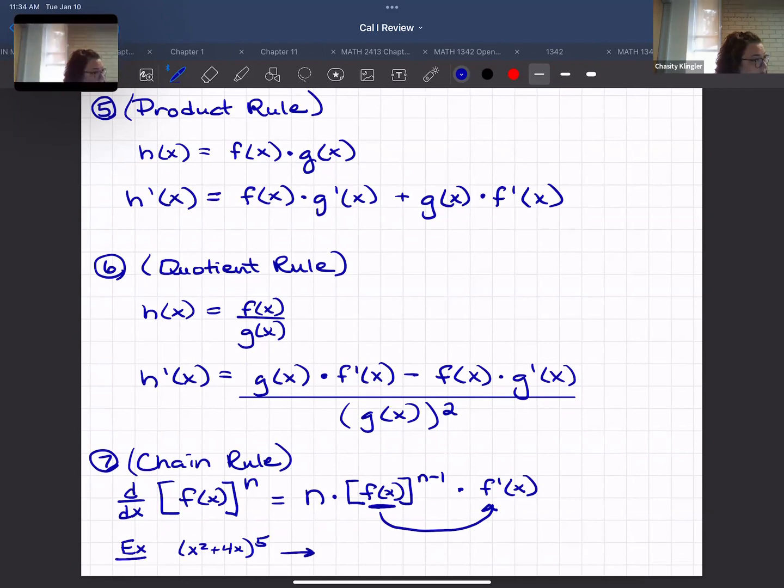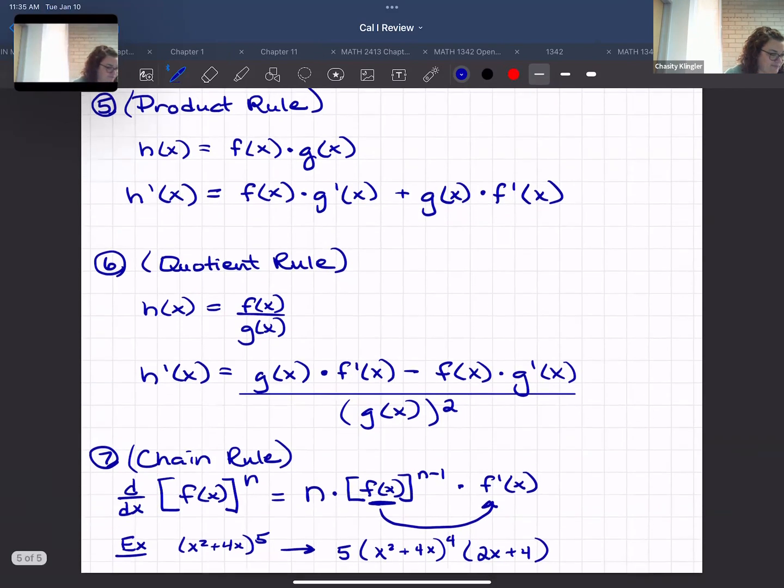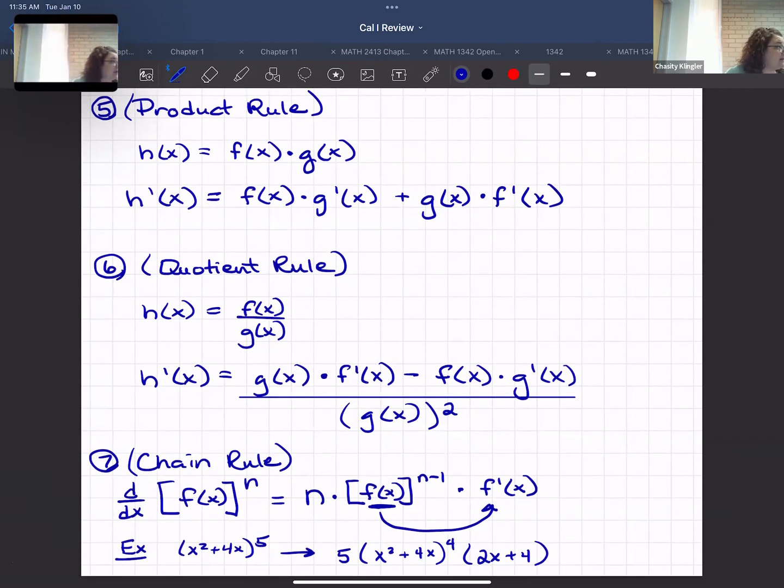What would the derivative of that be? 5 times that whole thing to the, well, don't forget your power, to the 4th, and then times 2x plus 4. I was running out of room, so that is not at all good notation, but you get the gist of it. Don't tell professor.